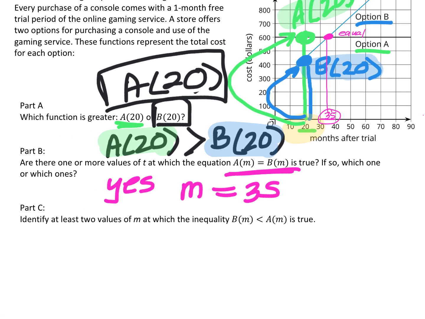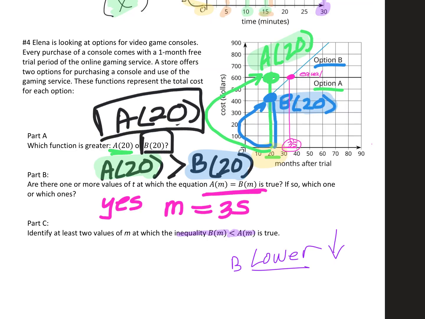Last, it says identify a place where the inequality B is less than A. So where is the B lower on the graph? Because there's already so many colors on here, I've got kind of a fresh option right here, and just wanted to point out to you exactly what's happening with this graph.